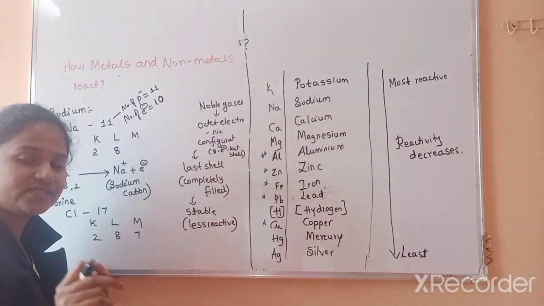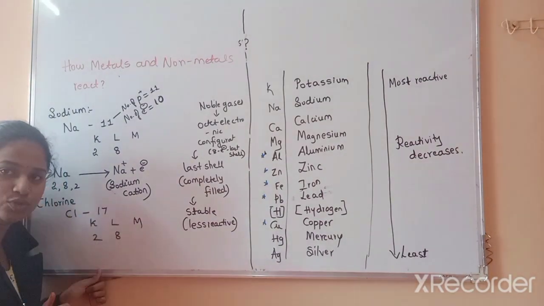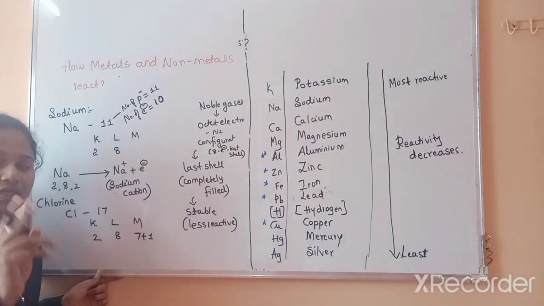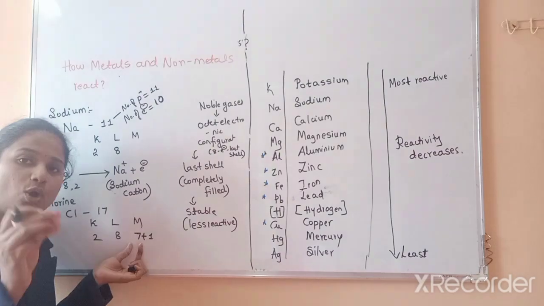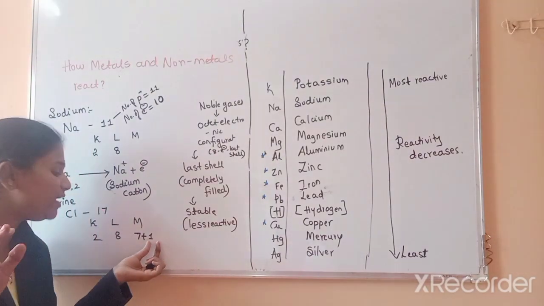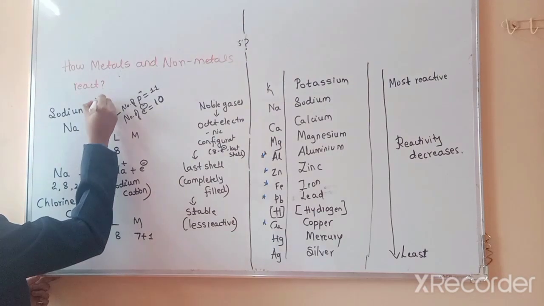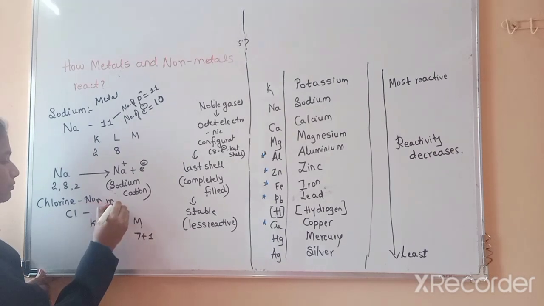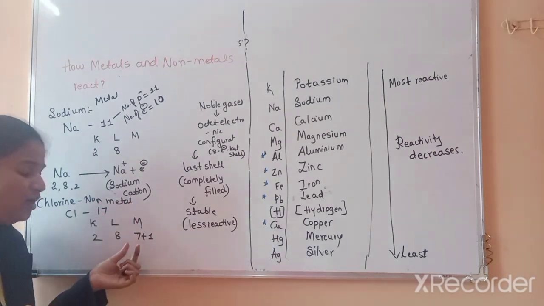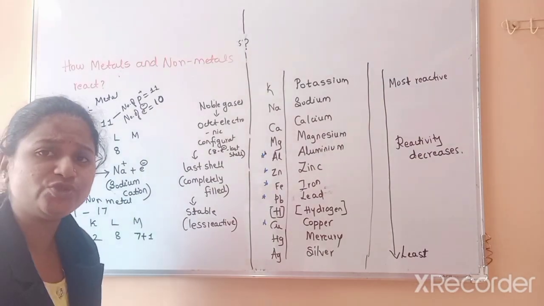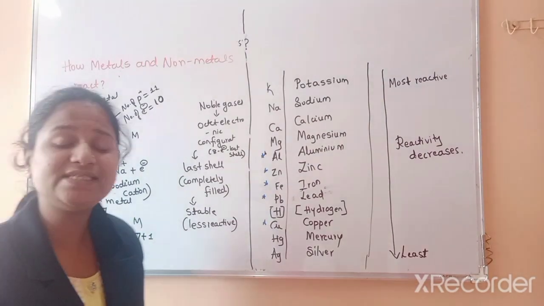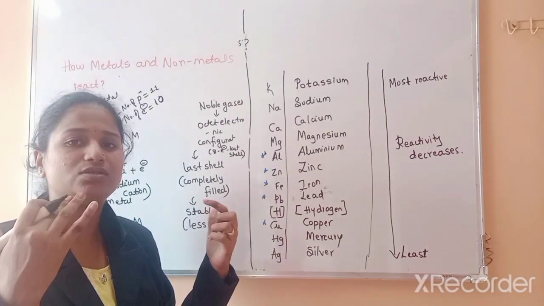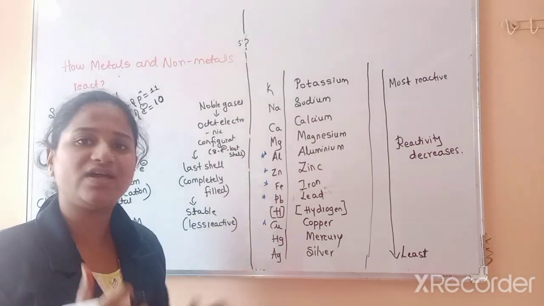It can do this in 2 ways: it can lose all 7 electrons, or it can gain 1 electron. We know sodium is a metal, I forgot to say, and chlorine is a non-metal. Instead of losing all 7 electrons, it is very easy to take 1 electron. Losing all 7 electrons is not a fair idea, so it is very easy to get 1 electron.